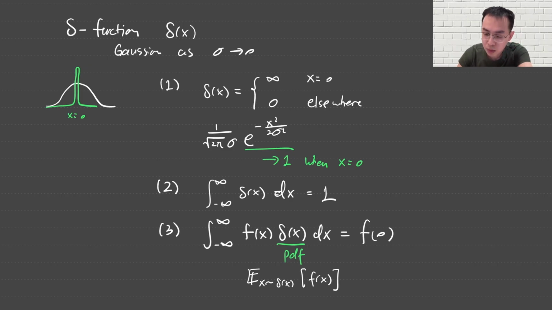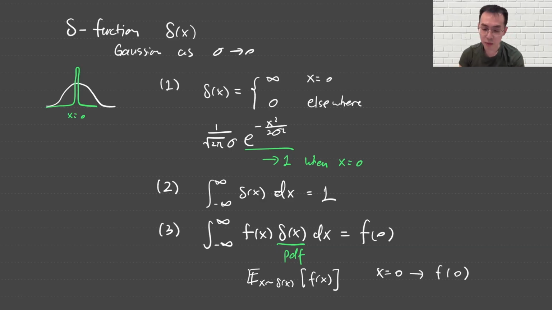Remember that this distribution takes a point mass at x equal to 0. That means all the data we sample from this delta distribution are just x equals 0. So when we take the mean of f of x, that gives us the exact value of f of 0.